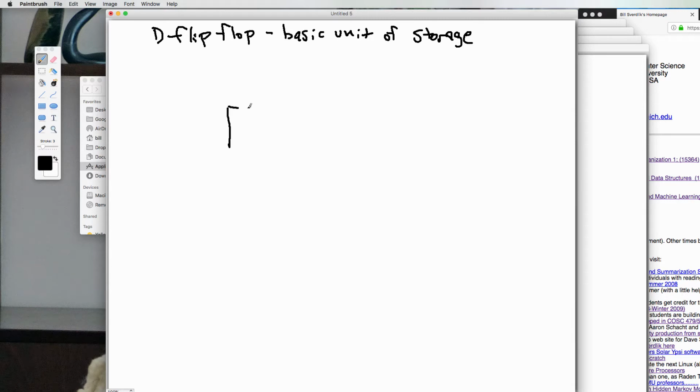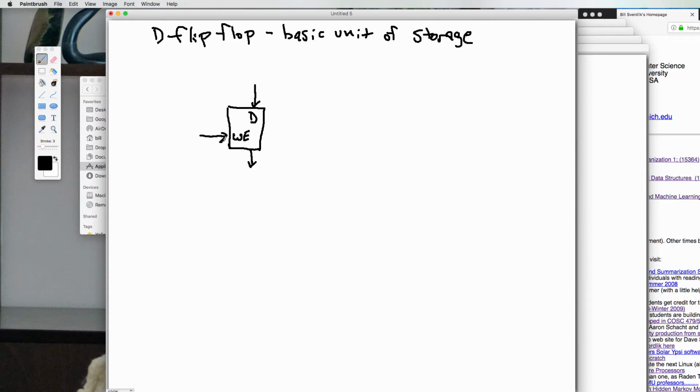We'll draw it a little differently now. We'll draw it as a box. And we'll say there's input here that's going into D. There's something over here that's called write enable. And there's output here.